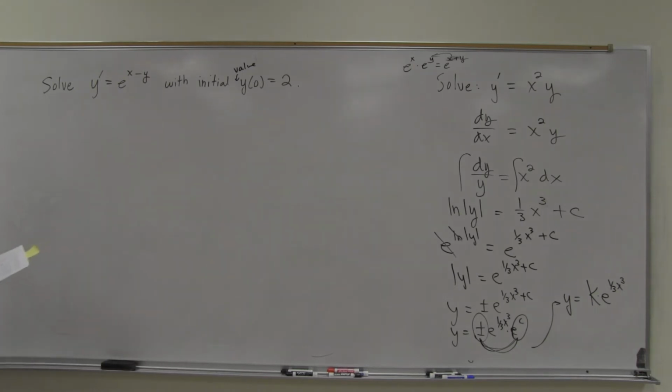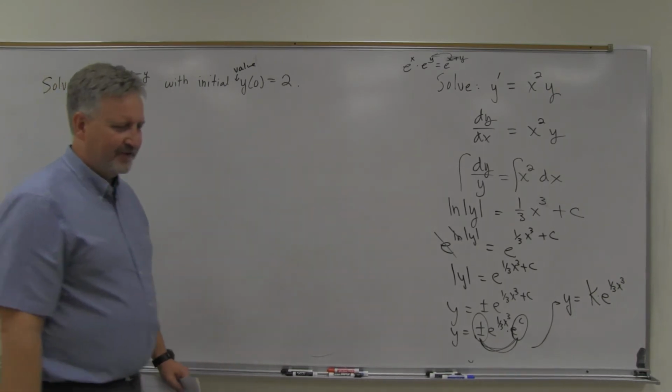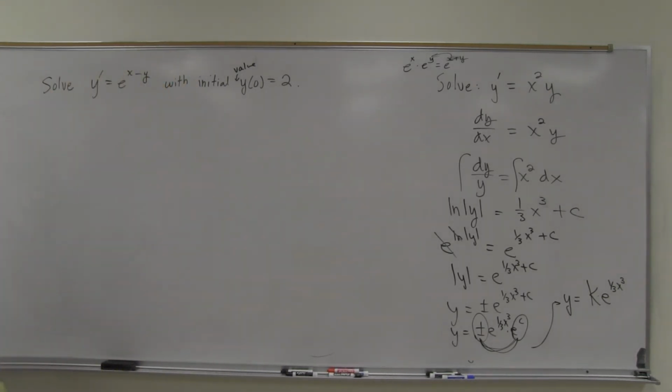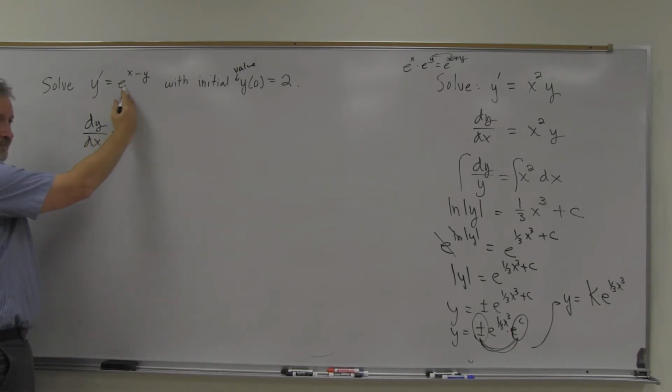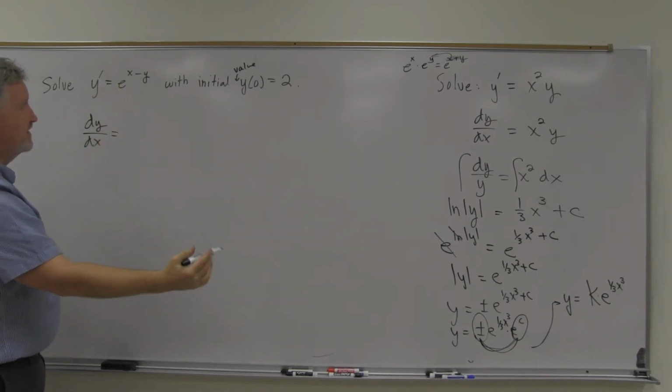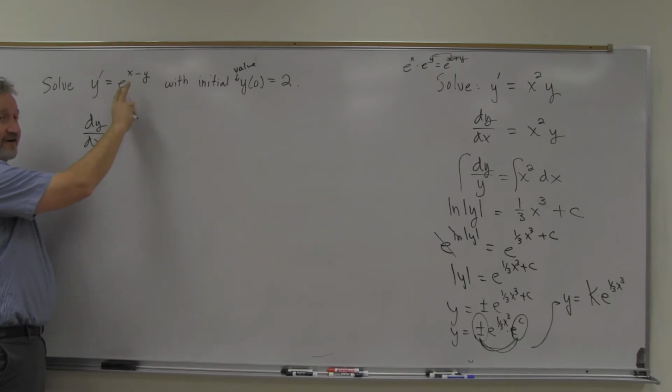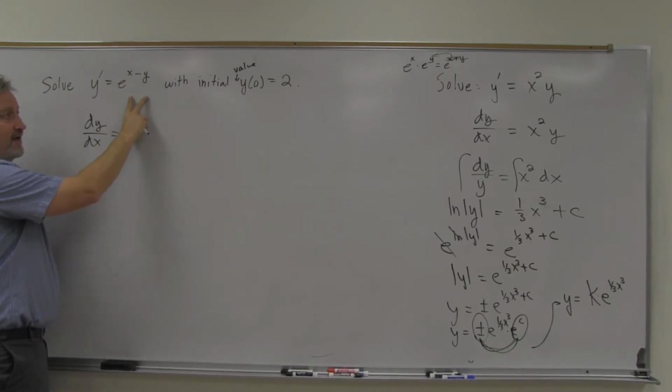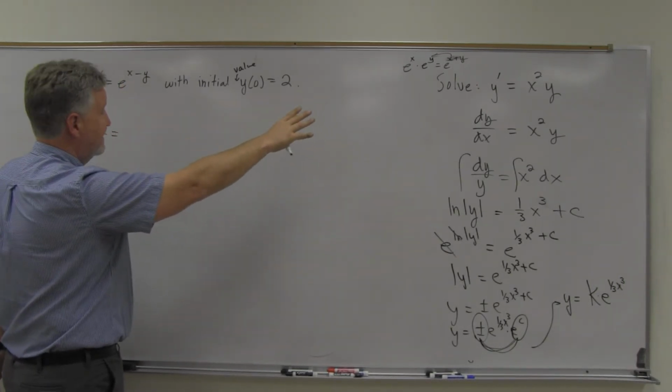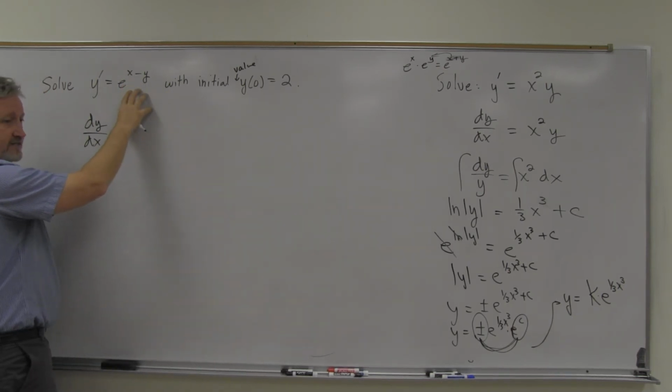All right. We've only learned about the way to solve separable differential equations, so it must be separable. Let's see if we can. Again, for separable, make sure you've got dy over dx. First of all, I need to separate that, and with our previous discussion, we can separate that as e to the x times e to the minus y.